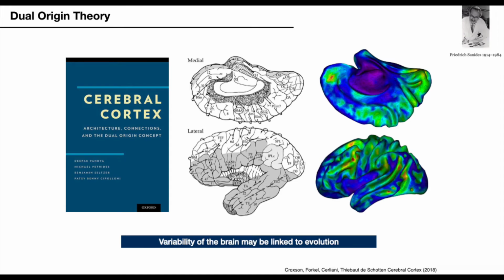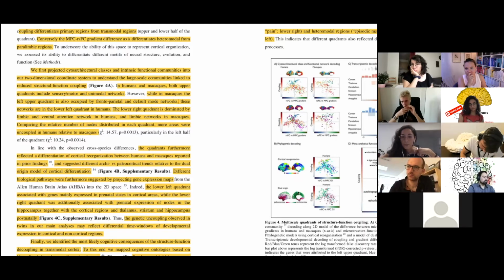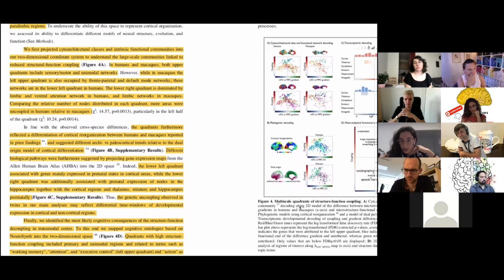Furthermore, looking at the dual origin of the cortical differentiation model, the authors suggest that the cortical reorganization supports the dual origin organization of the cortex.